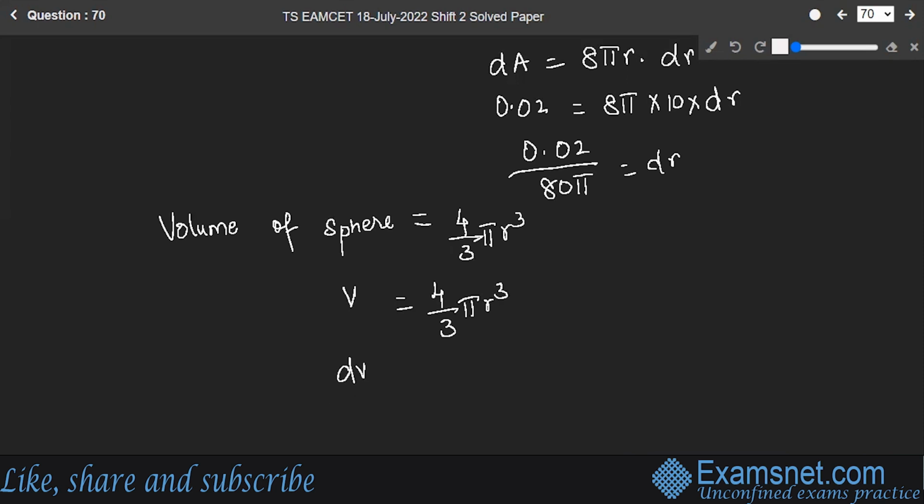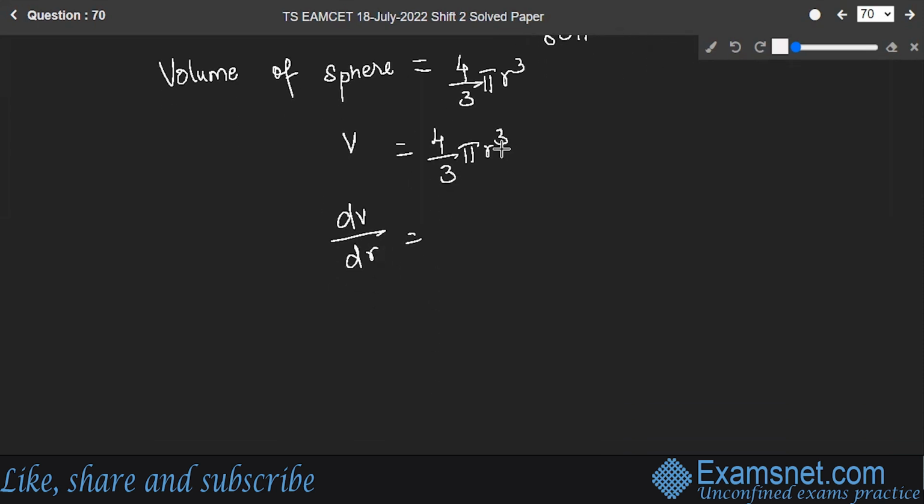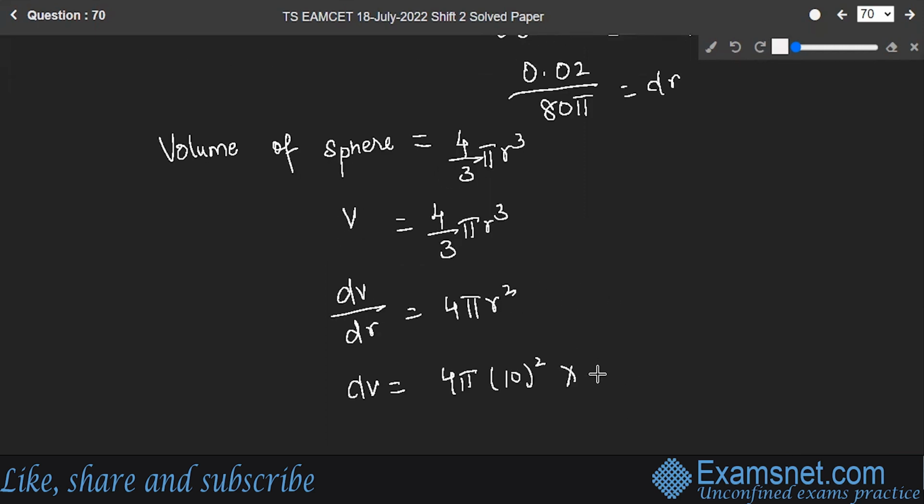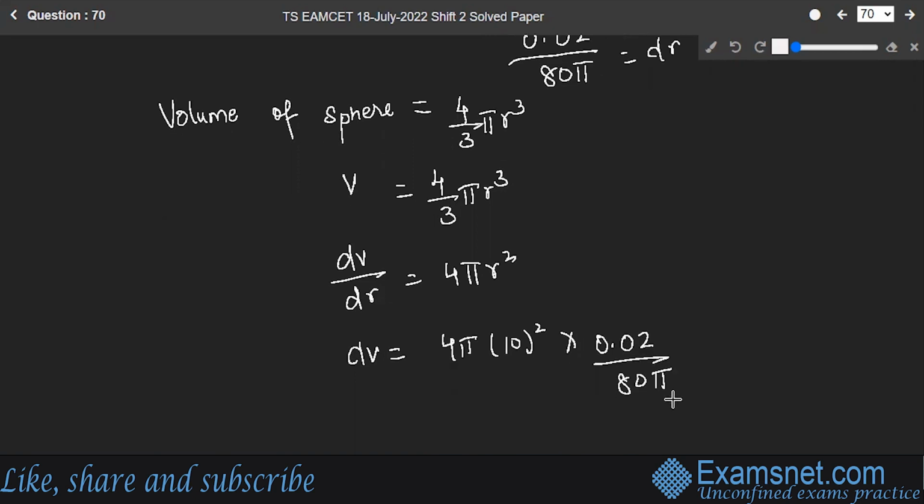Let's find out the derivative with respect to r. You will have 4 by 3 into 3. 3 will cancel. So 4 pi r square. This is the derivative of the volume with respect to radius. dV is equal to 4 pi r, r was 10, square, into dr. dr we calculated, it's 0.02 upon 80 pi.